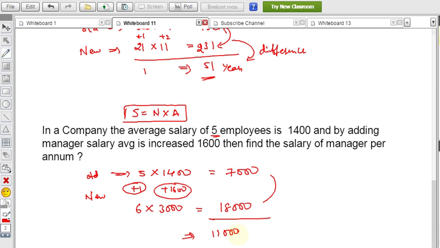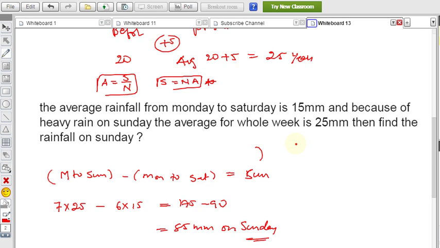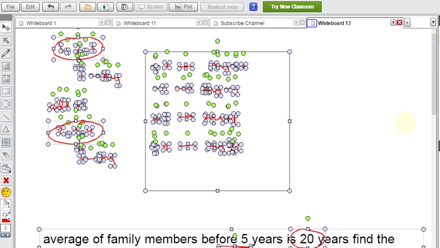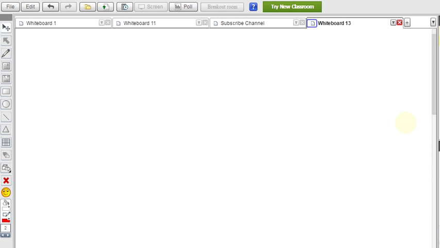Let us see one more similar word problem like this. One more method. Okay, one second, I'll write the question here.